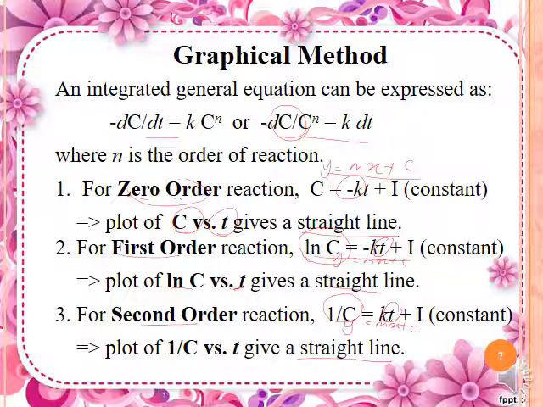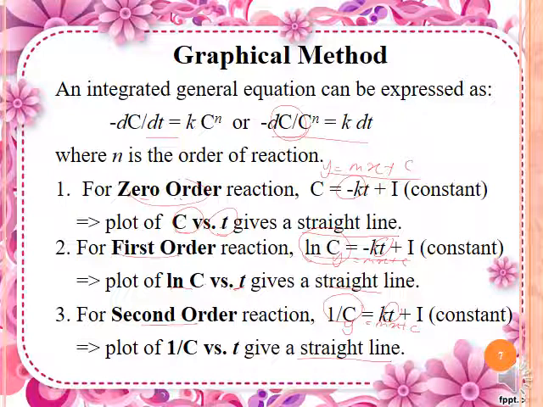So you have to try and error here, using the information of the concentration and also t, we plot. So for zero order, we plot concentration versus t. If you don't get a straight line, then it does not belong to zero order.